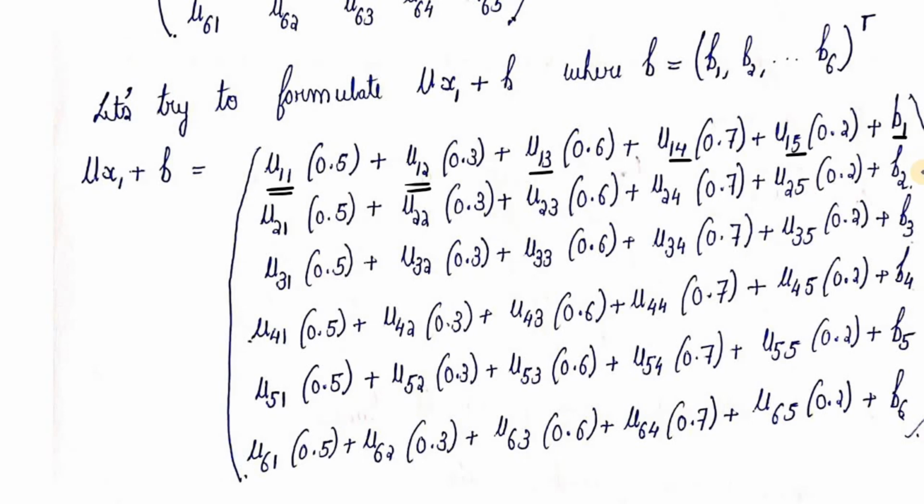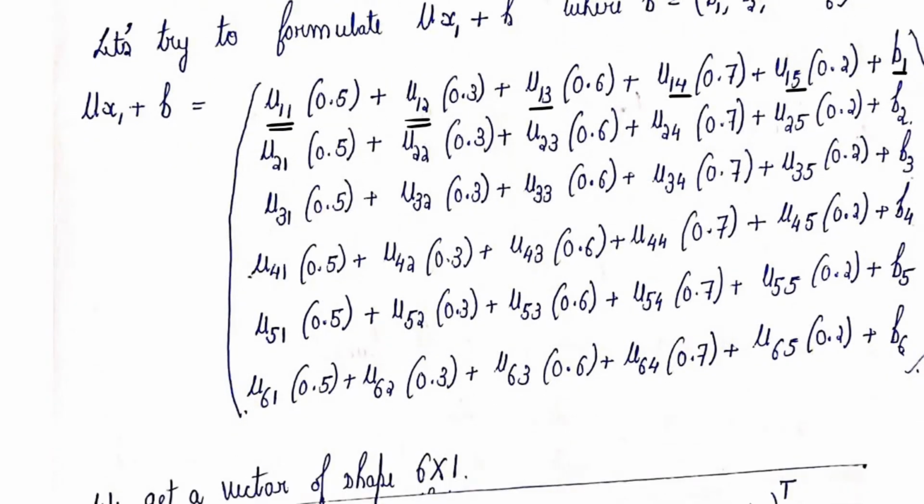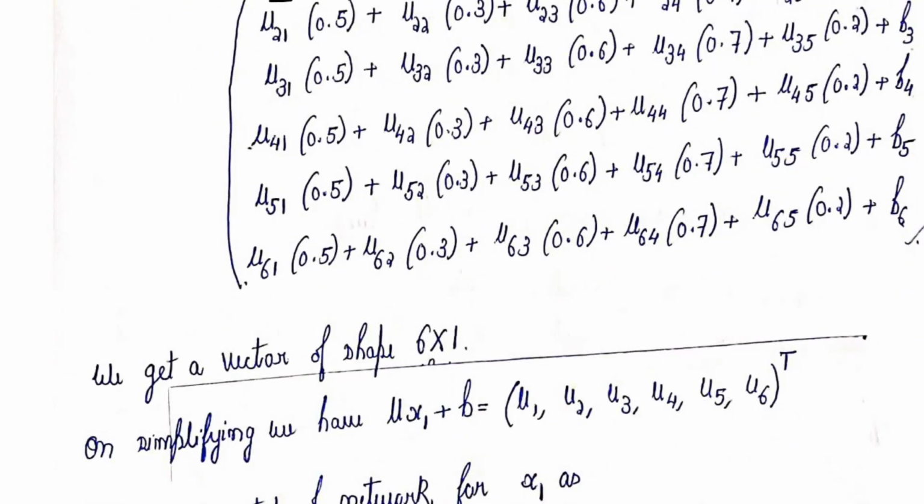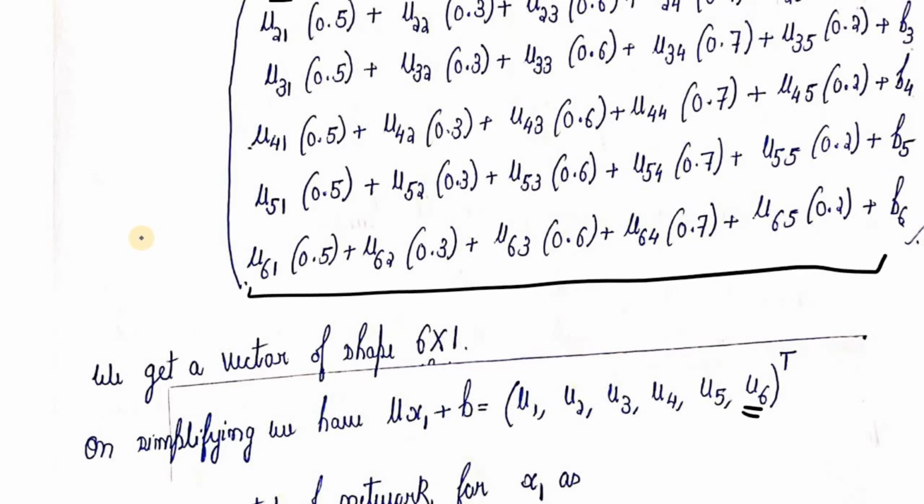We are obviously trying to solve a pretty complex problem. Now we proceed further, and we get a vector of shape 6 cross 1. So the entire term, if I focus on that, this becomes u6 over here, the term above this one becomes u5, and so on.